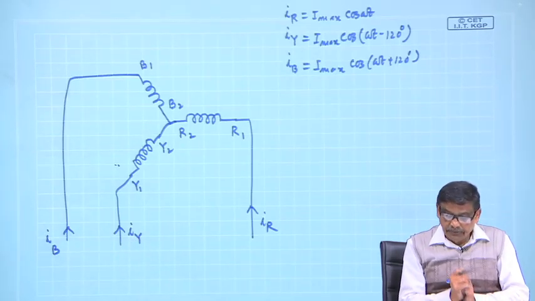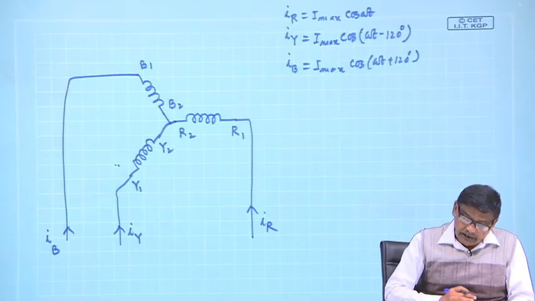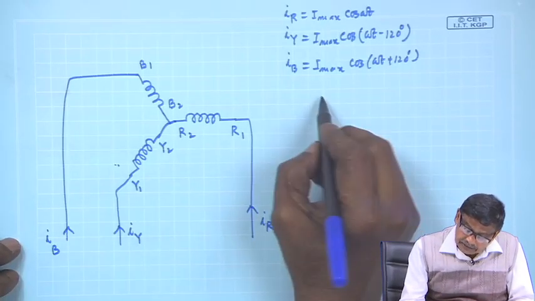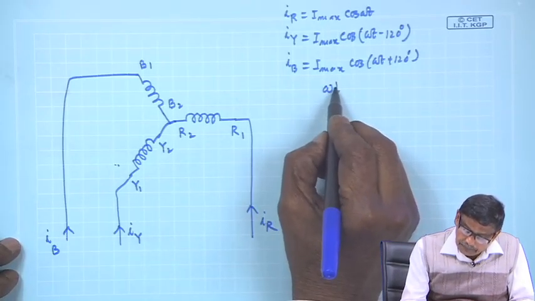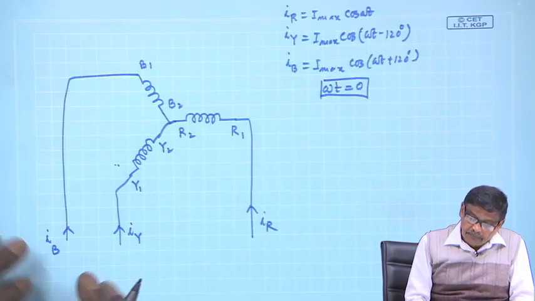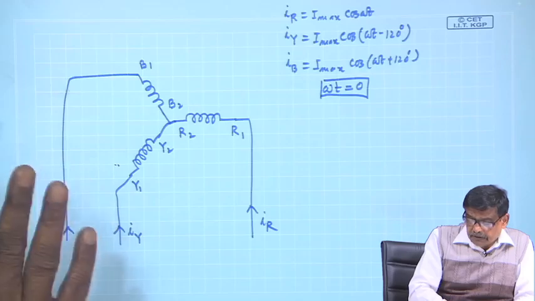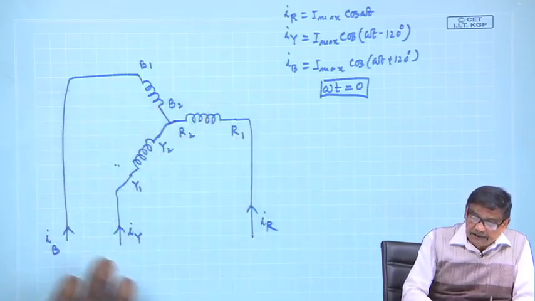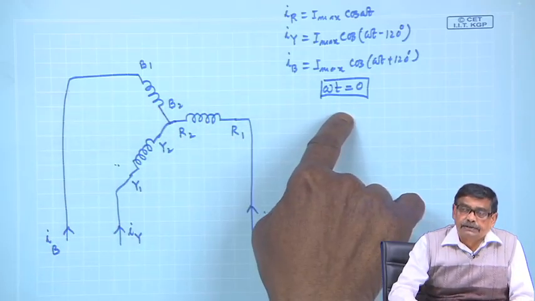Now, what I will do is this, suppose I want to see what happens at omega t equal to 0, and I will find out the resultant field for that instant.